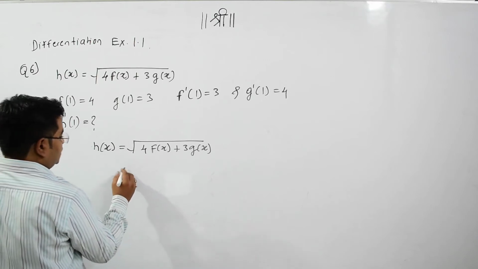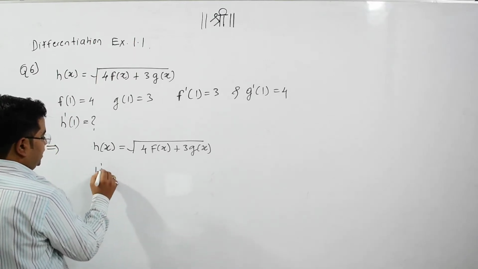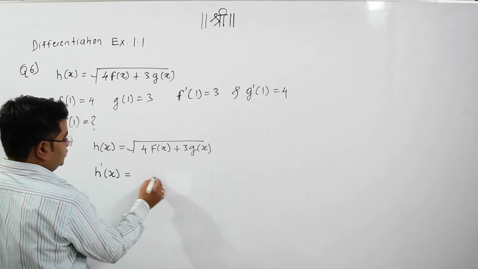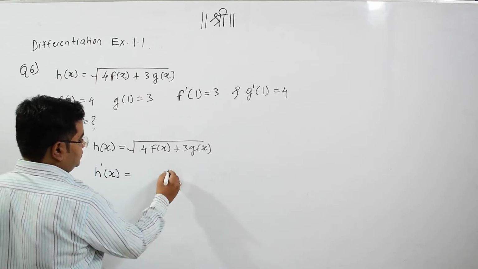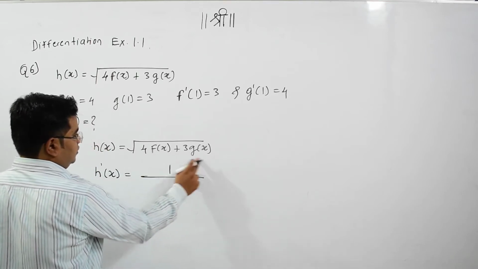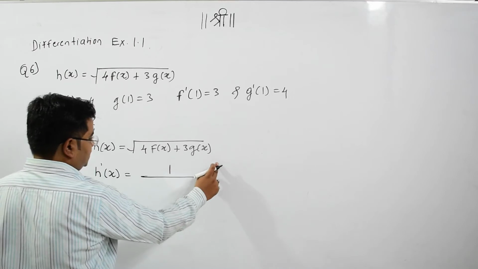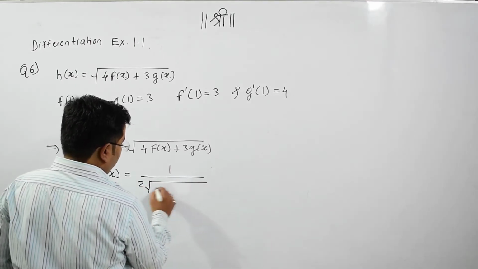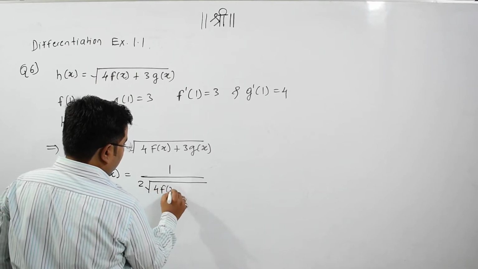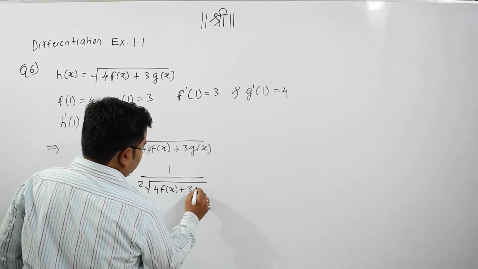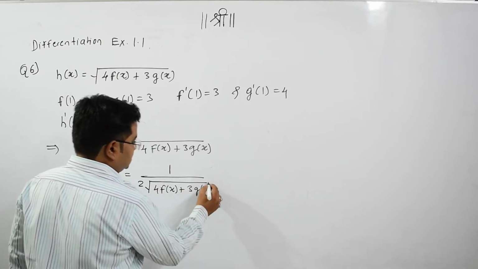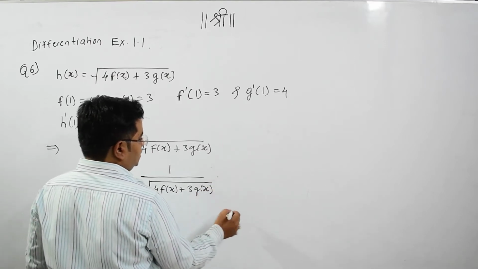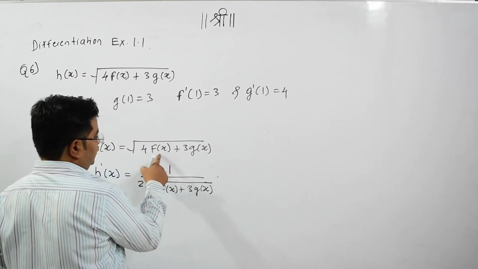So differentiating both sides, what we will get, h dash of x is equal to, what is the derivative of this, will be 1 upon, this is the whole function, na? So this whole function, again divided by 2 under root of 4 times f of x plus 3 times g of x. Okay, what is the derivative of this 4 plus this?